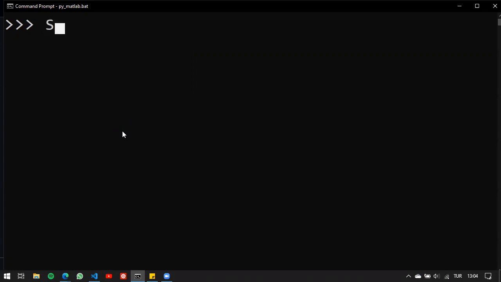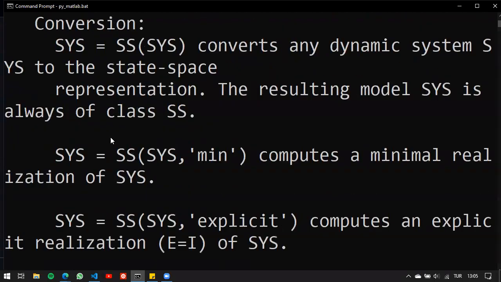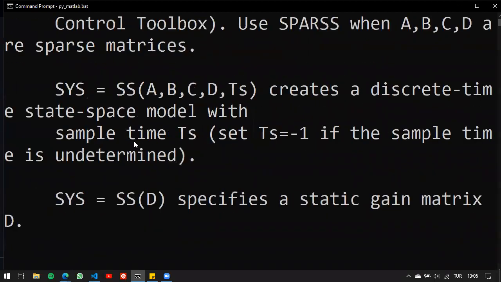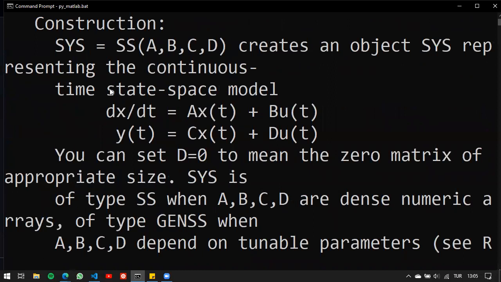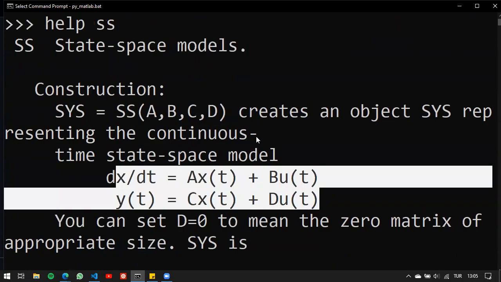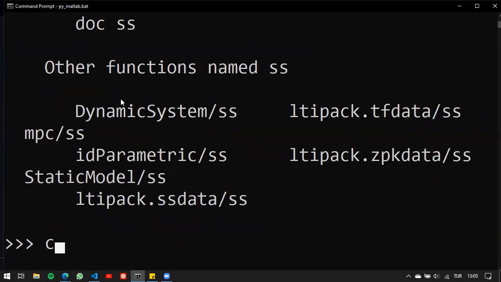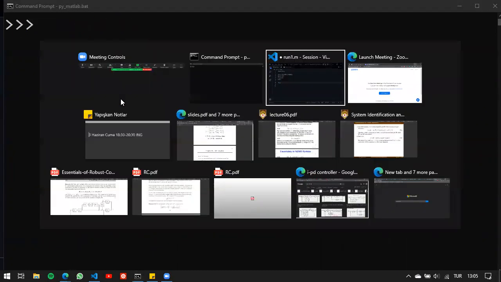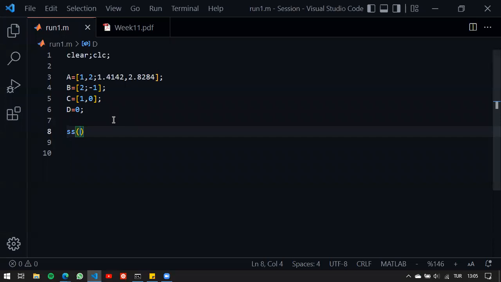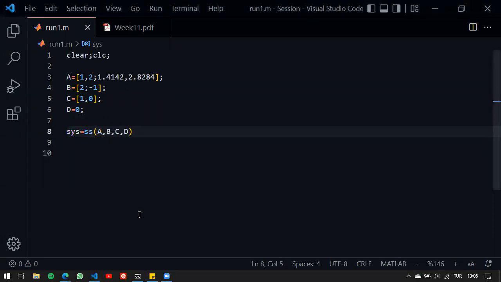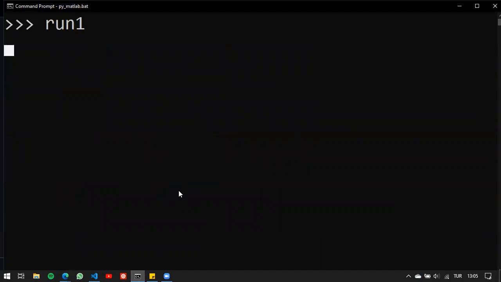If you're defining a state space model, you just use ss and then provide A, B, C, and D. If you're not sure, you can check help or doc, and you'll see that it expects the matrices here, and the model is given here. So A, B, C, and D, that is basically my system. That is the way of defining a state space model in Matlab.